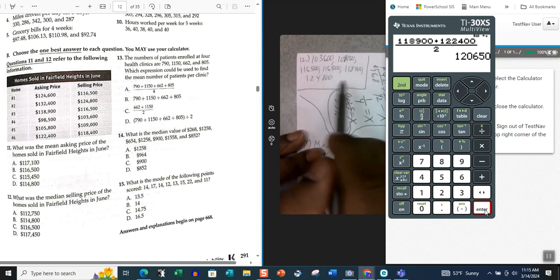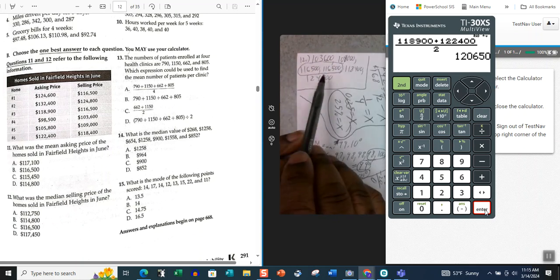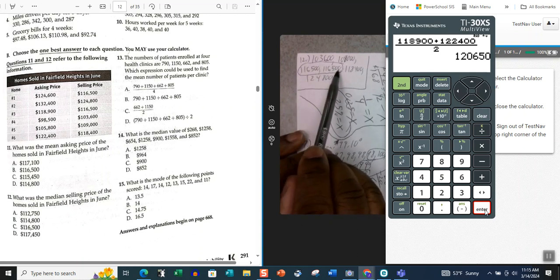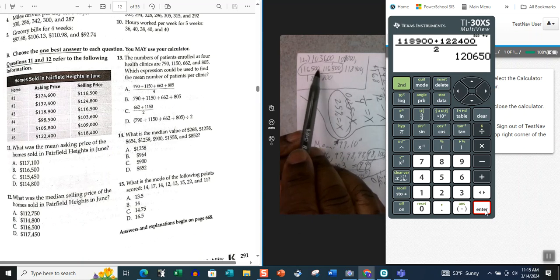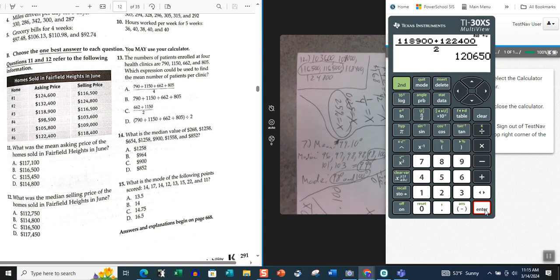Okay, so we have 6 values here. We take the middle 2. Now, one thing I want to tell you is that you don't need a calculator to find the median when the middle 2 values are exactly the same, because then your answer will be that value. Let me show it to you here.